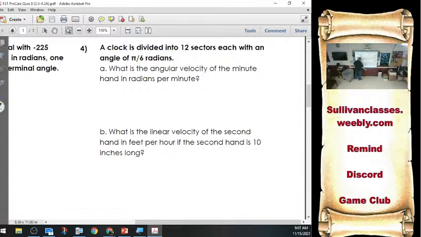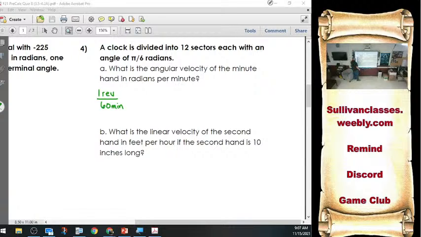So I need to state, what do I know about minute hands? How long does it take to complete a revolution? 60 minutes. So I can say 1 revolution in 60 minutes. Now, if you said 1 revolution in an hour, you would just convert that, right? However you state it, I know that this happens.